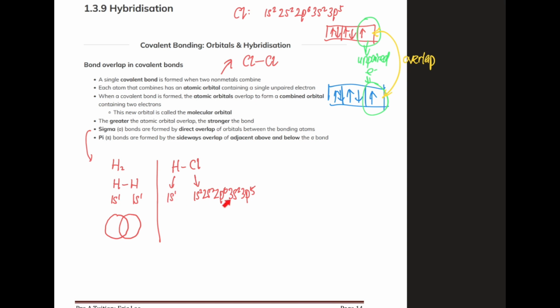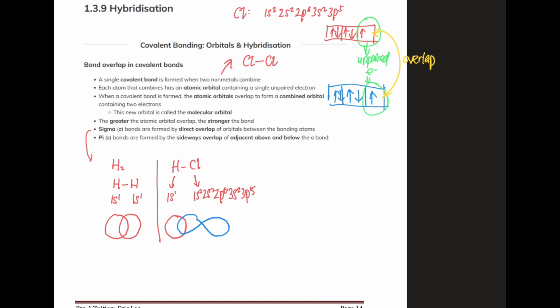This one has an unpaired electron here, and the 3p5 has the last orbital that has an unpaired electron that overlaps. So when they overlap, we draw like this. This is for the 1s. And for chlorine, this is a p orbital. A p orbital is dumbbell shaped, so the dumbbell shape is going to be like this. So they overlap in this way. This is called direct overlap.